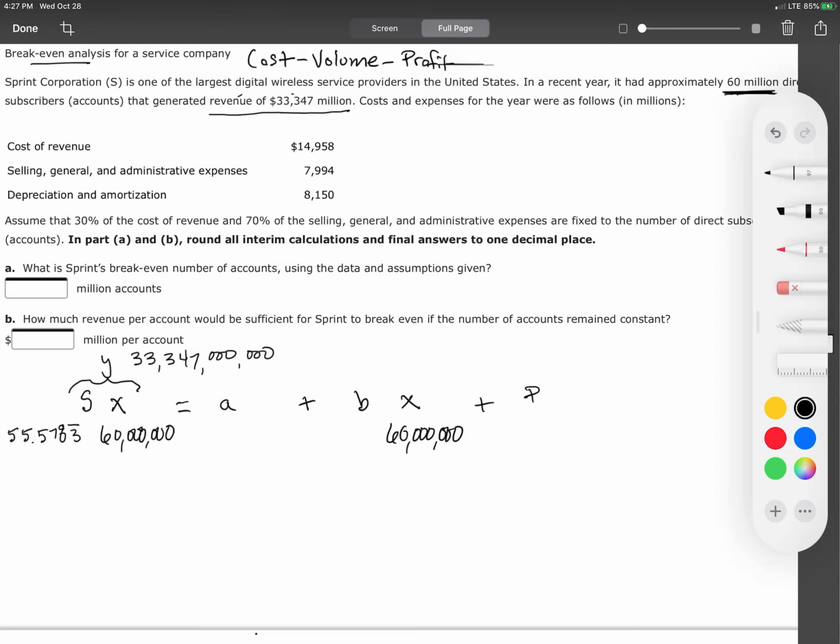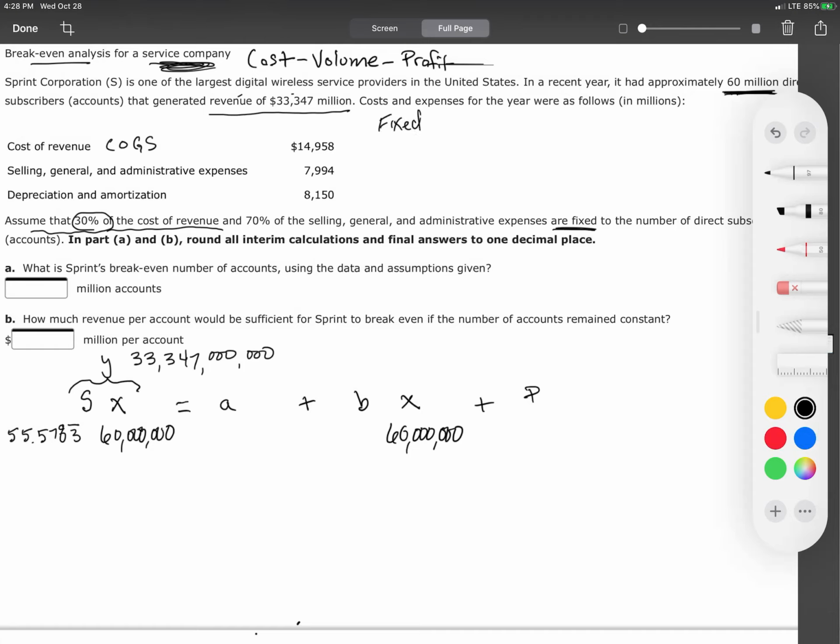Now here's your trick. Let's look at these 3 costs here. Cost of revenue is also called cost of goods sold in a manufacturing environment, but this is a service company, so they don't call it goods, they just call it cost of revenue. It says here, 30% of the cost of revenue is fixed.